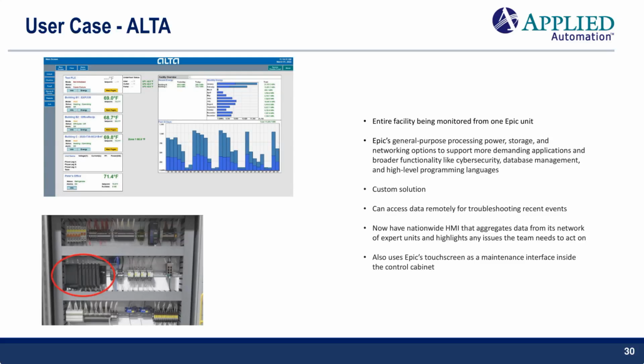It was a custom solution, and they can access all of their data remotely throughout all their different facilities that have this in place. They're able to use the touch screen on the EPIC controller itself as a maintenance interface inside the control cabinet. That's a very comprehensive touch screen that's easy to use and maintenance people can understand.